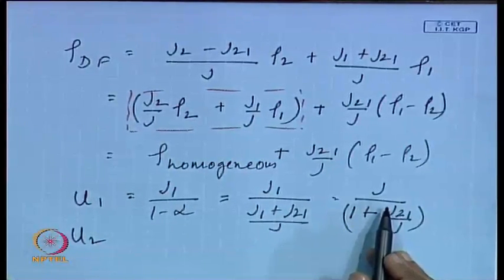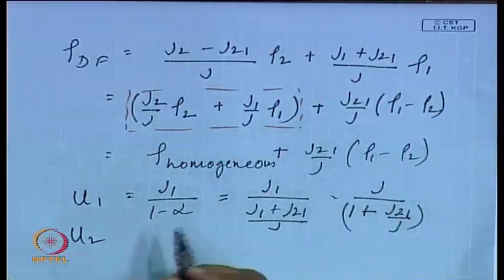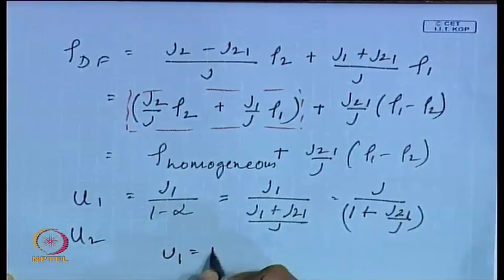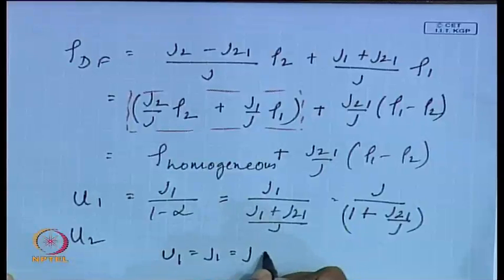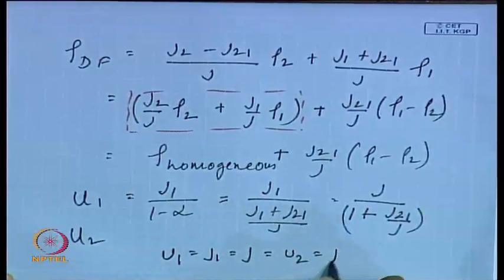agreed, because under that condition for the homogeneous flow condition we get u1 equals to j1 equals to j equals to u2 equals to j2, is not it? All the two phases they flow at the same velocity, due to which we say that there is no slip between the phases, or in other words k, the slip ratio equals to 1, relative velocity u21, u2 minus u1, equal to 0.